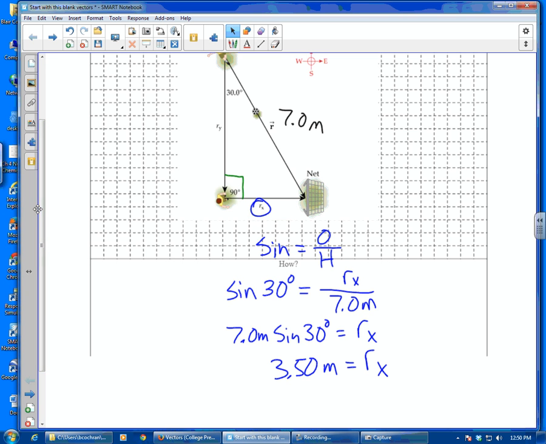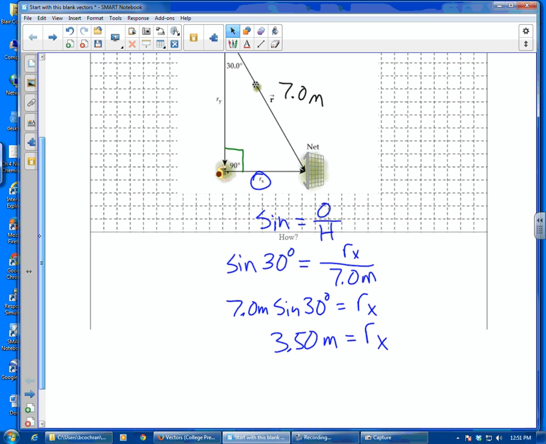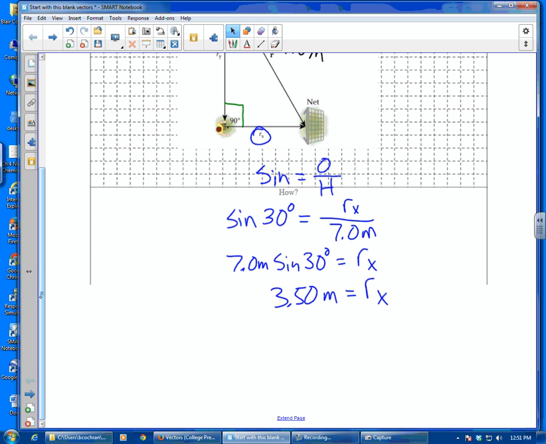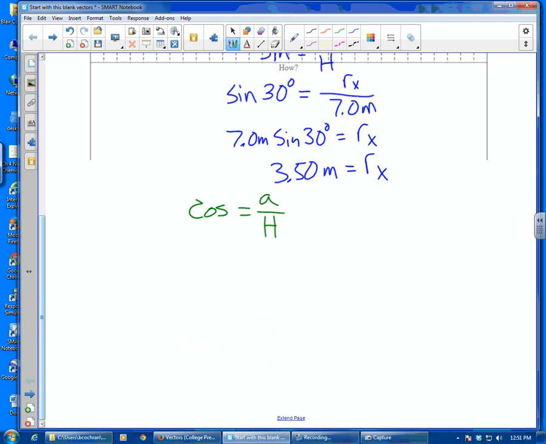So now I'm going to look for the other leg of the triangle, the adjacent side, because that component is r sub y. And if it's adjacent, the trig identity that I think of is cosine. So I've got cosine equals adjacent over hypotenuse. That's the CAH part of SOHCAHTOA.